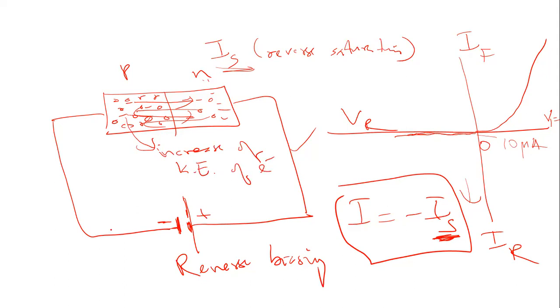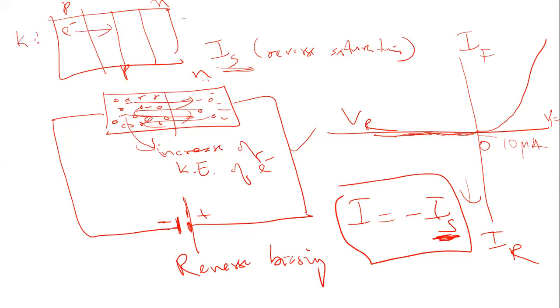So if you increase the reverse voltage further, the kinetic energy of these minority electrons will continue to increase. These minority electrons are injected from the p side towards the n side through the depletion region with a very large kinetic energy.